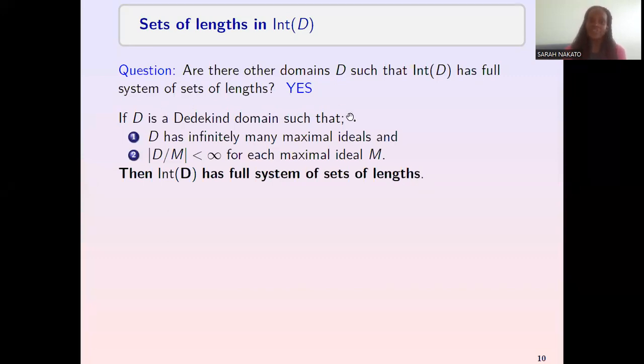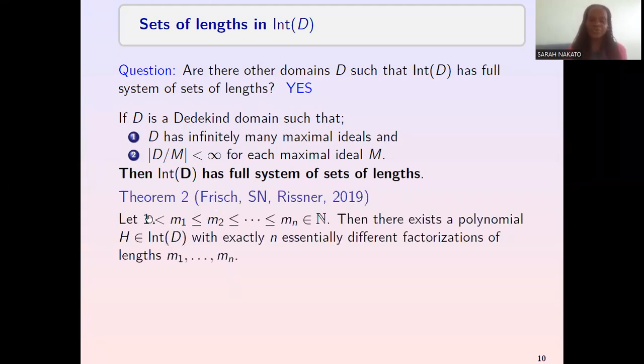So these Dedekind domains must have infinitely many maximal ideals, and those maximal ideals must be of finite index. In particular, we proved again that for natural numbers m1 up to mn, as long as they are greater than 1, there exists a polynomial h in Int(D) with exactly n essentially different factorizations of those lengths. So that's what we proved again in this general case.